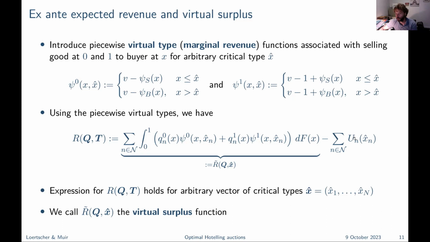And then there's an additional term which is separable and depends on the x hats. And so this thing here, this R tilde of Q and x hat, that's what we're going to call the virtual surplus function.